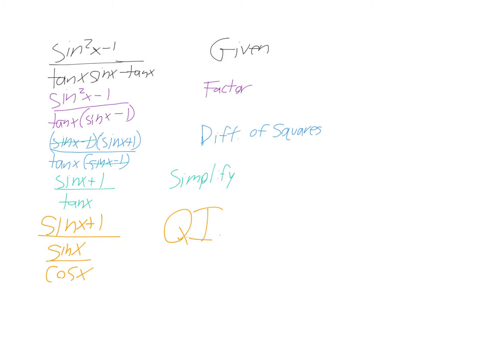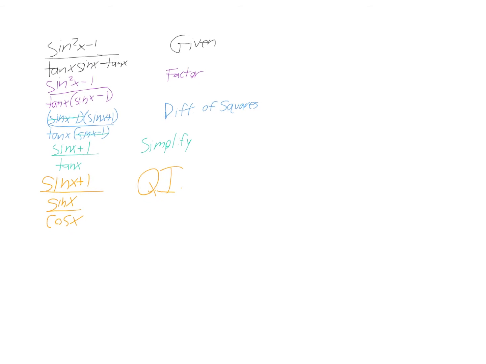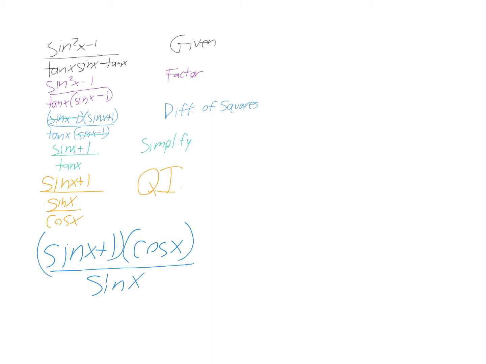Well, that's some fractional division right there. I'm going to shortcut that fractional division because I covered it in the previous videos. But essentially, by using my fractional division rules, I can rewrite this as the sine of x plus 1 times cosine x divided by the sine of x.